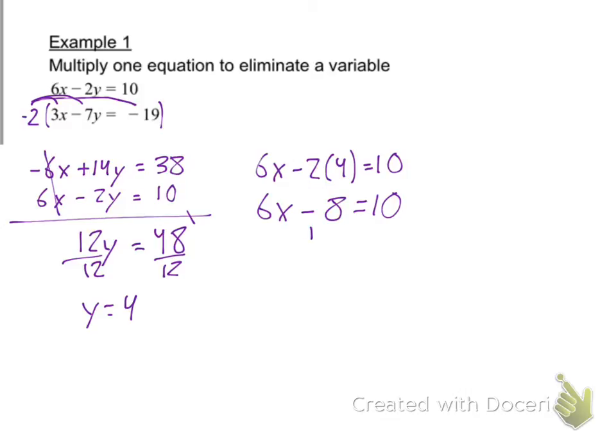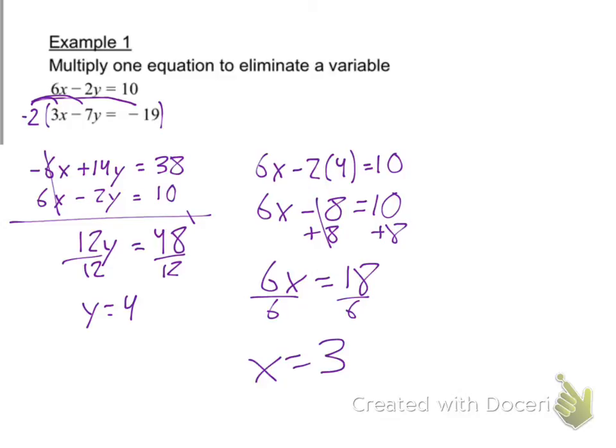Add 8, yes? And therefore it becomes 6x equals 18. Divide both sides by 6. x equals 3.